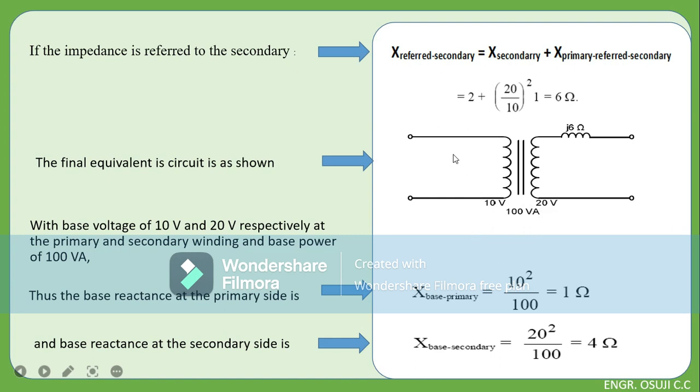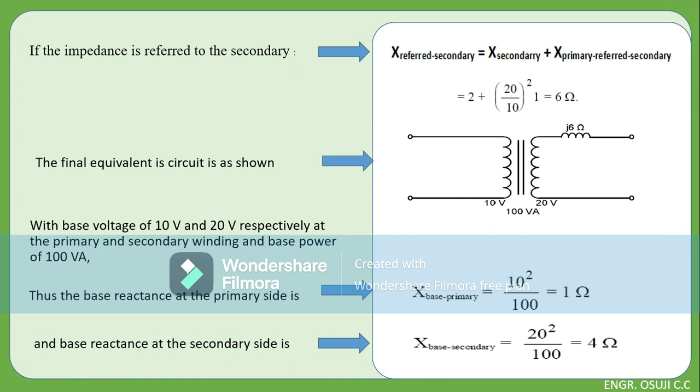So what is going to be the base impedance or the base reactance here? The base reactance will be equal to V base squared, all over the base power, which is finally 10 squared all over 100, and that is going to give you 1. So what about on the secondary side? We know that the voltage has changed, and instead of 10 we are going to be using 20 squared all over 100, and that will give us 4 ohm.